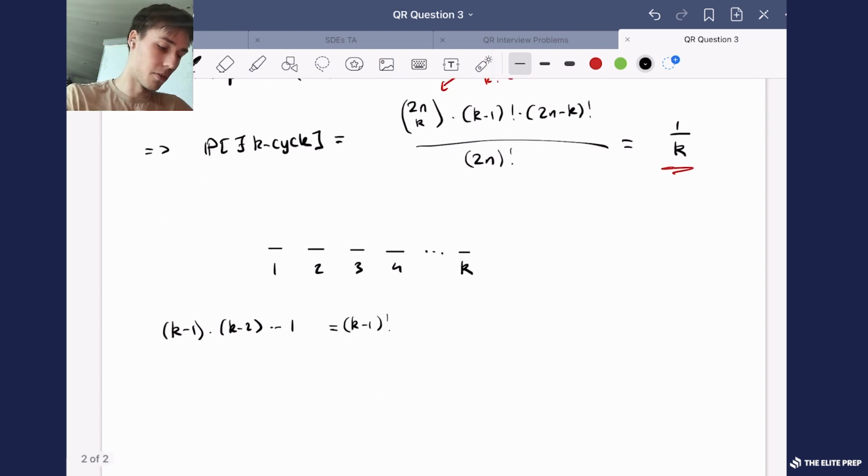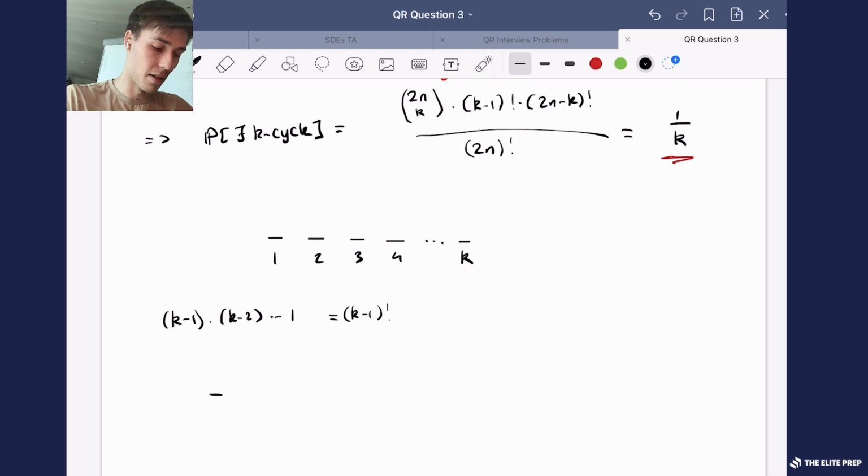A quick example, we'll just do, for example, 3 elements. So say this is index 1, this is index 2, this is index 3. The first index, if we want a 3 cycle, can either be 2 or 3. So that's 2 choices. So we have 2 possible cycles which start with 2 or 3.